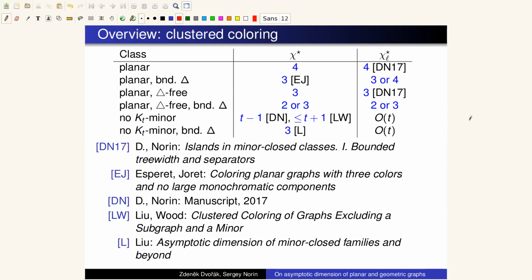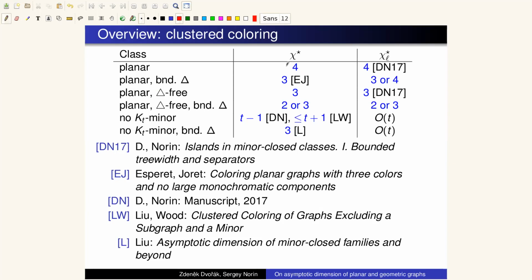But let's see what we have on the slide. If you take the planar graphs and you allow yourself to use clusters of colors, then you actually don't get anything new. We know that all planar graphs are properly four-colorable, and even if you allow yourself to use larger clusters, you cannot do better.